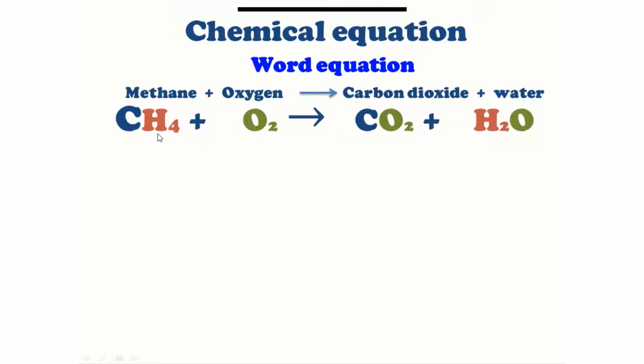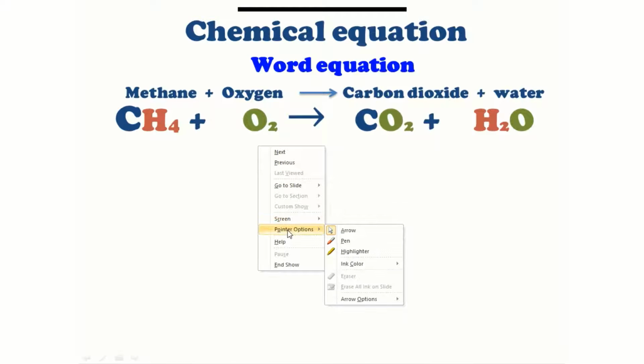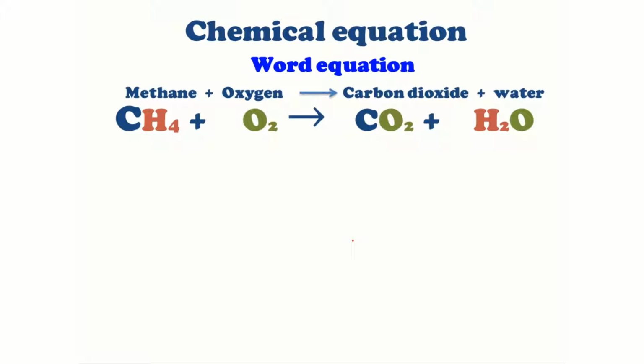Methane is CH4, oxygen is O2 because it exists as a molecule, not as an atom. It exists as a molecule formed when two oxygen atoms are combined, and then carbon dioxide is CO2, water is H2O.